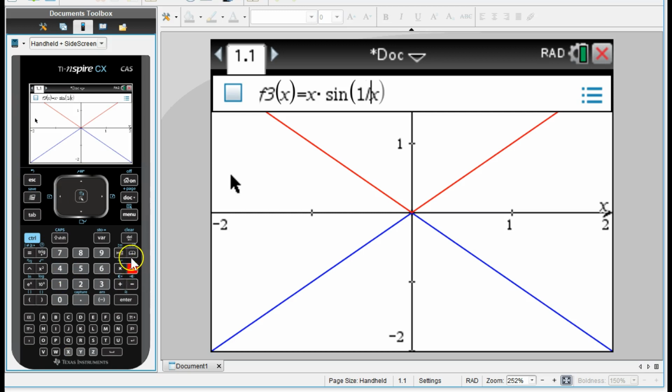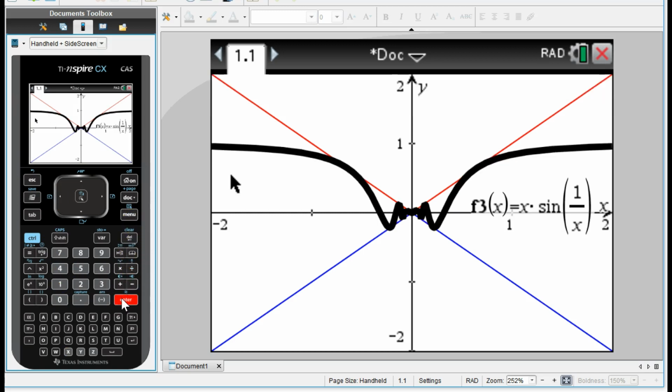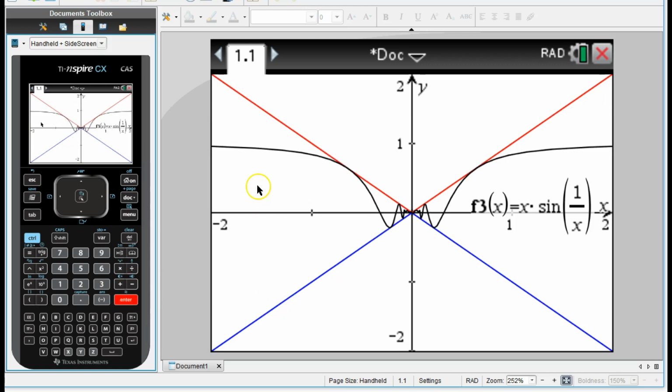X times sine of 1 over x, grip it and rip it. Holy cow, take a look at that, folks. That's a crazy graph. As I inspect that graph, it looks like it comes in, it hits that absolute value of x graph, bounces down, and then bounces back up, and then it looks like there's some oscillation in there, and it comes out and does the same thing on the other side.